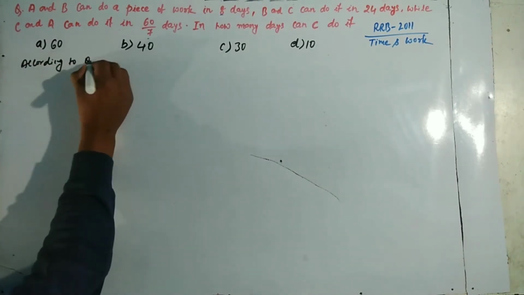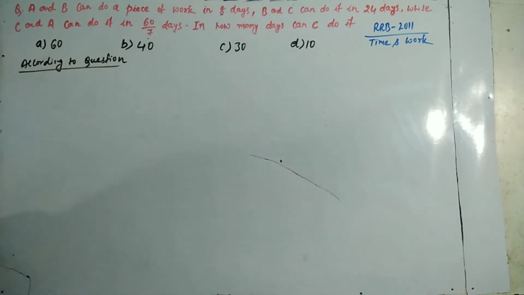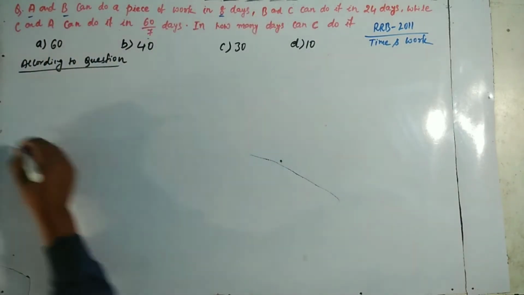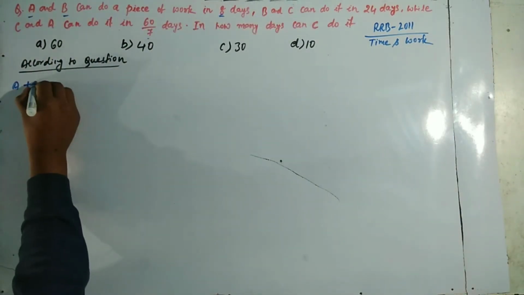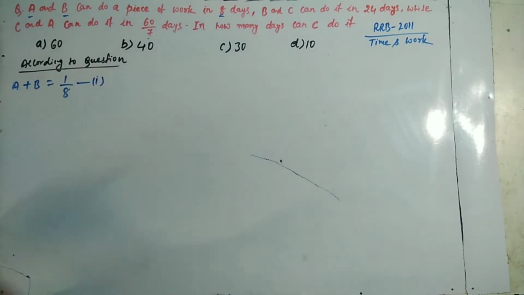According to the question, the working time of A plus B is 8 days. So A plus B equals 1 by 8. Take this as equation 1.